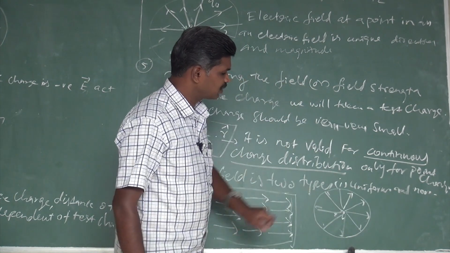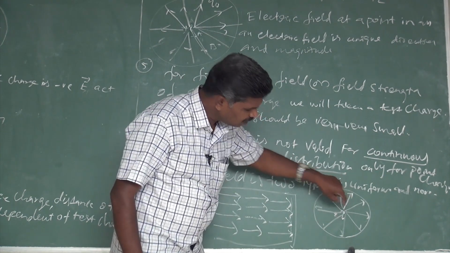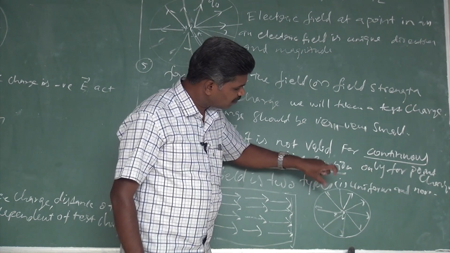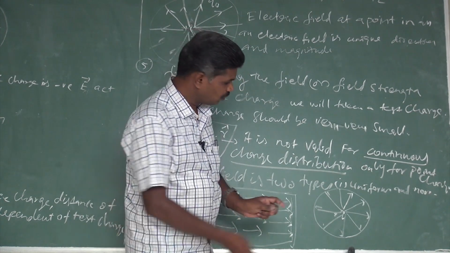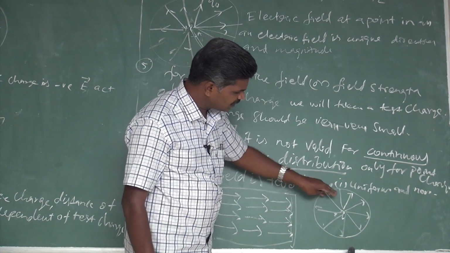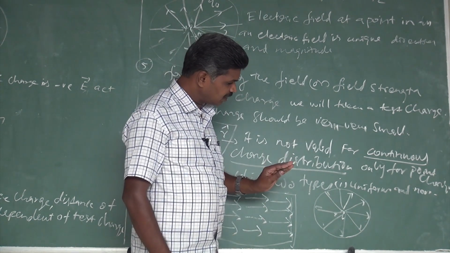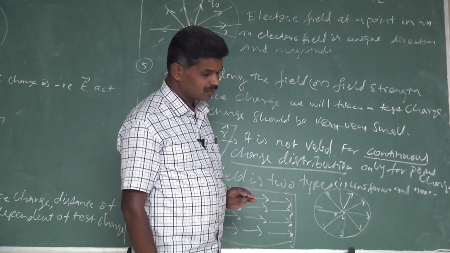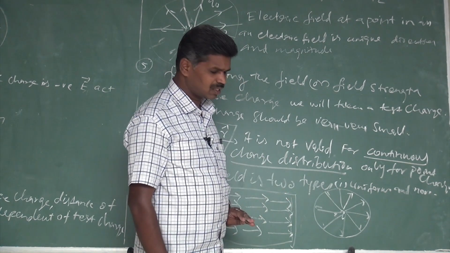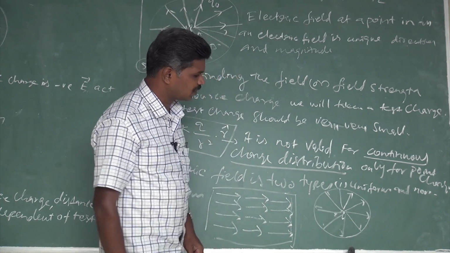From our picture we can say, near the charge the lines are closer, so the field strength is more. If the point is taken away, the spaces between the lines are larger, the lines are fewer in a certain region, and they are in different directions. So that's why it is one example of a non-uniform electric field.